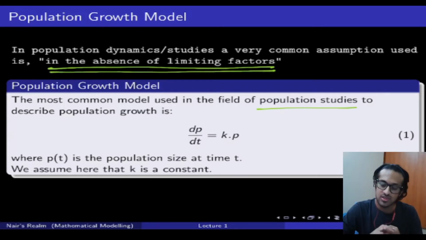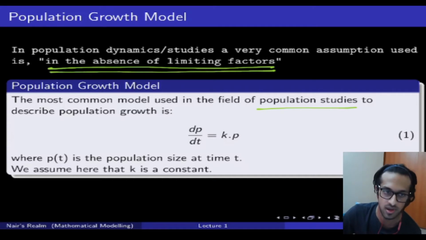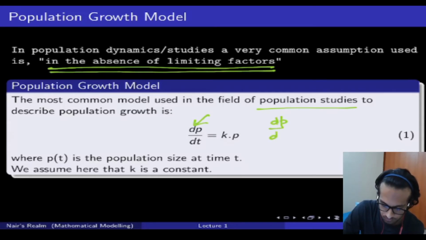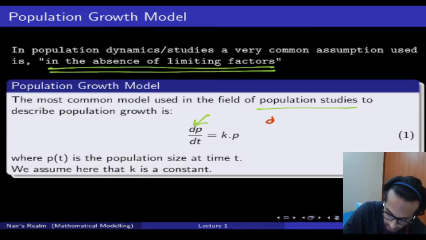With these assumptions, the most famous and important model in terms of population growth was that the rate of change of the population is proportional to the population.